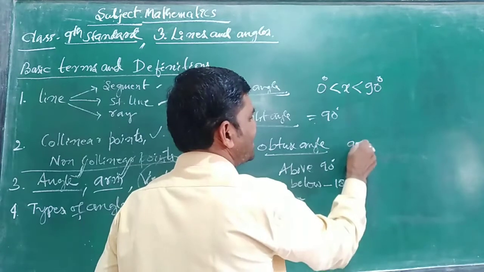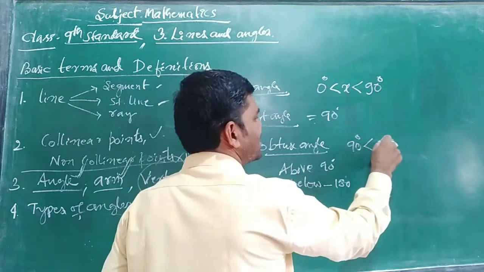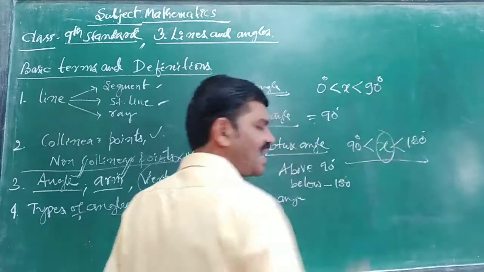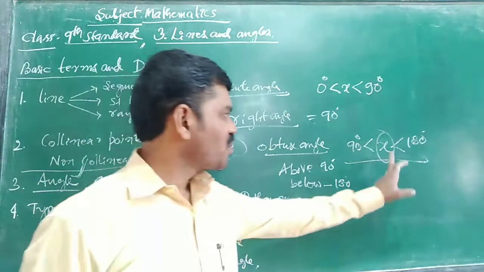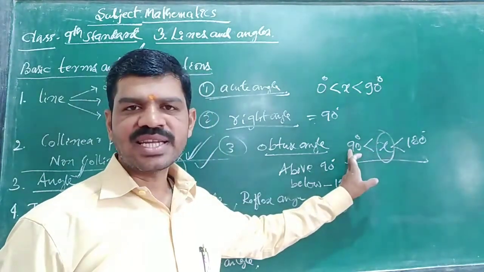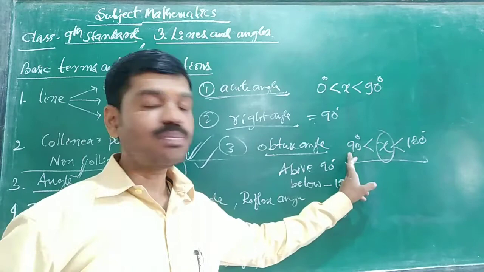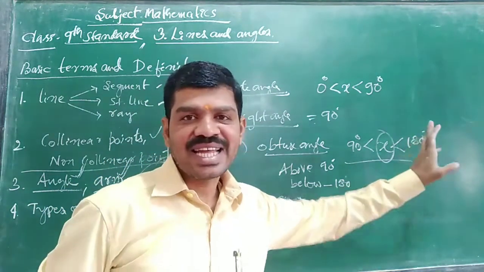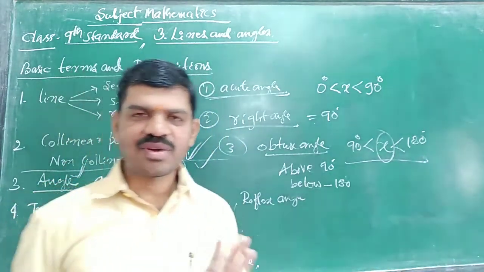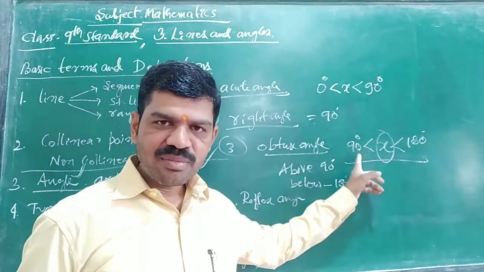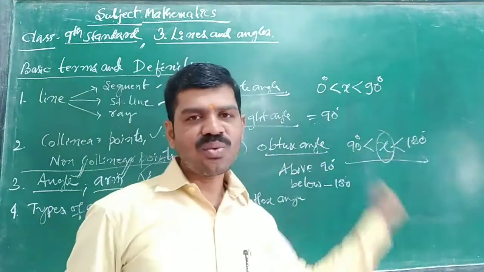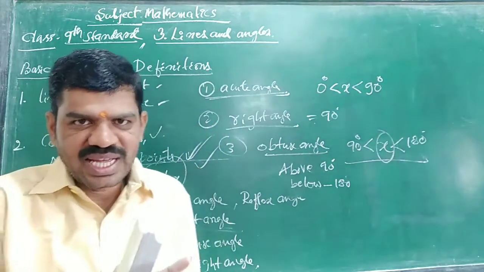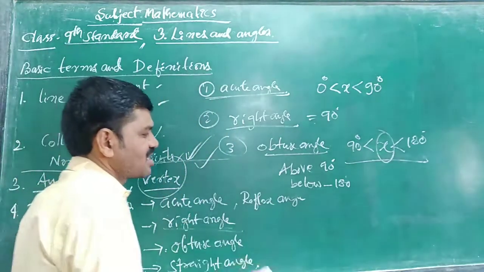So 90 degree is less than obtuse angle, which is less than 180 degree. X is an obtuse angle which is greater than 90 degree: 91, 92, up to 179. It starts from above 90 and below 180 degree. So in between, that is an obtuse angle. So you have understood what is obtuse angle.